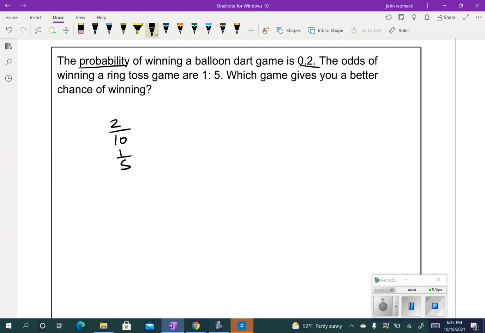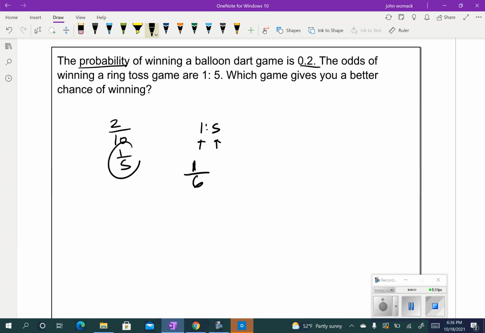Now the odds of winning a ring toss are 1 to 5. Now this is different. If there's 1 favorable outcome and there are 5 unfavorable outcomes, that means there's a total. You have 1 favorable outcome compared to the number of total outcomes. You have to add those together. The favorable outcome 1, unfavorable 5, there's a total of 6.